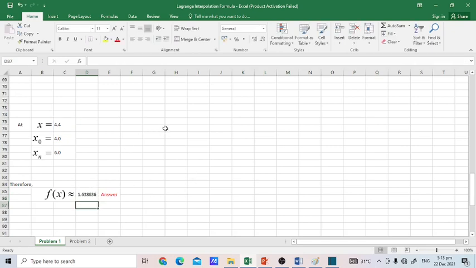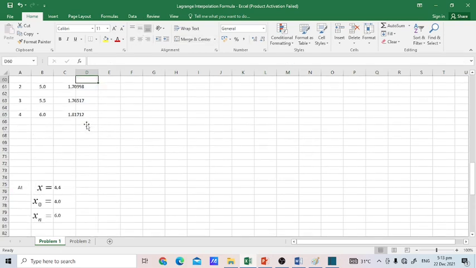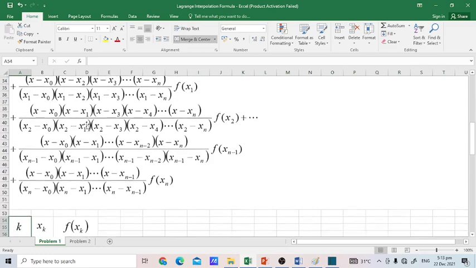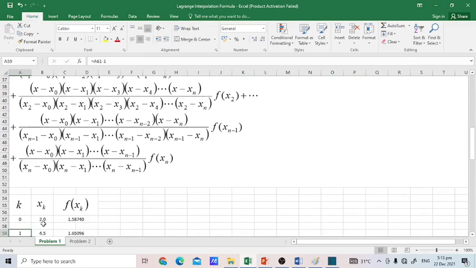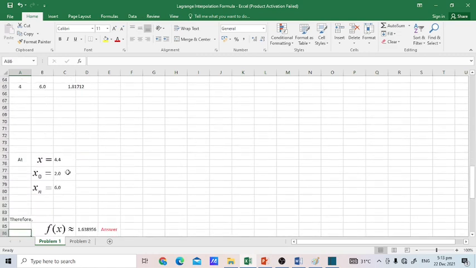In this case, this is what you will do. You should arrive at this answer. After that, suppose I want to change the value of 4 to 2. This automatically changes to 2, the x sub 0.